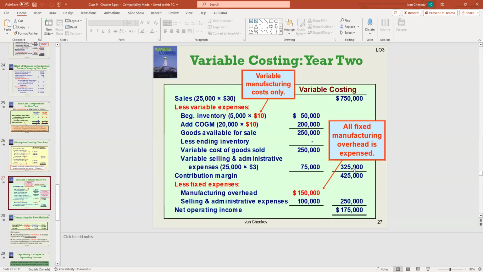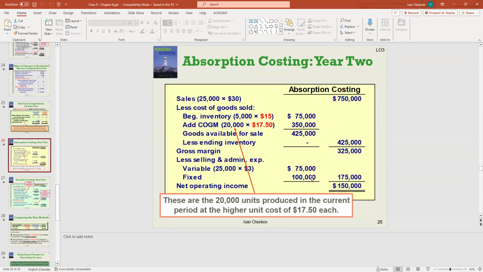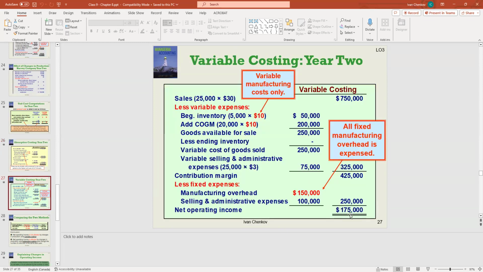That's going to give us $325,000 variable cost. 425,000 is our contribution margin. Now we're going to add the fixed cost, which is the manufacturing overhead cost, 150, and selling administrative expenses cost is $100,000, exactly the same as under the absorption costing, and we get our income of $175,000.